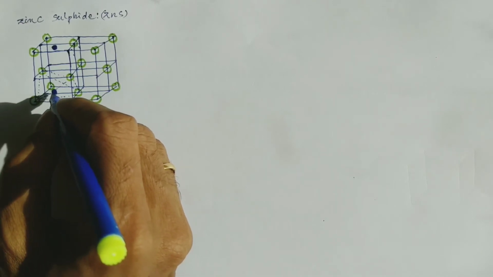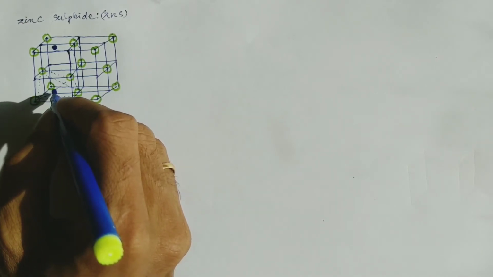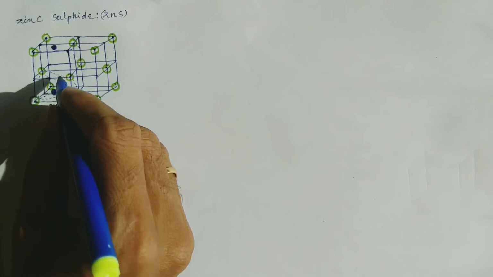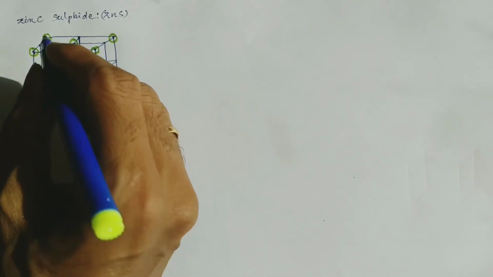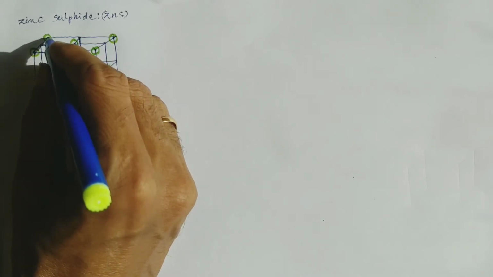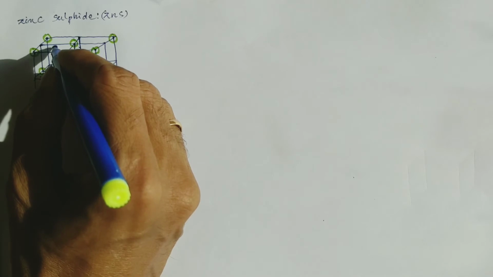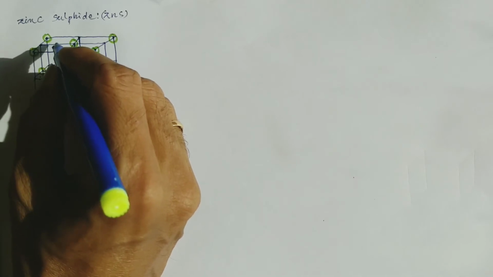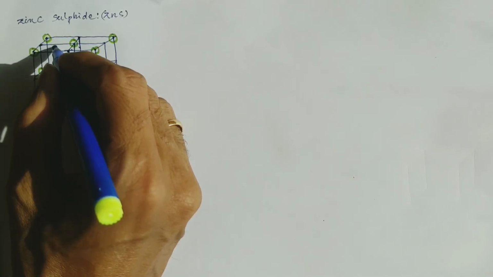So one here in the front tetrahedral void that is at the bottom side, whereas this is the tetrahedral void that is created by this corner atom. So that is present in the top rear corner, right?